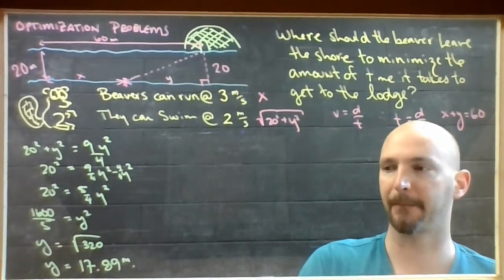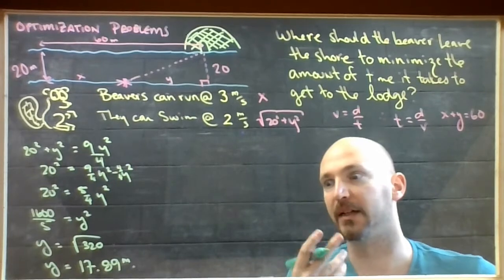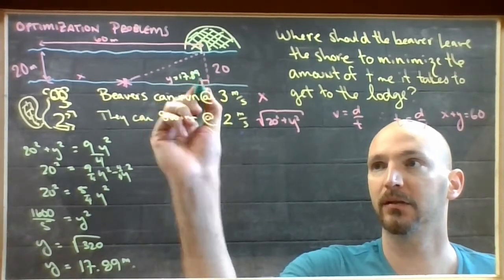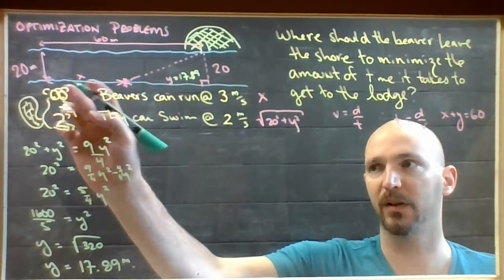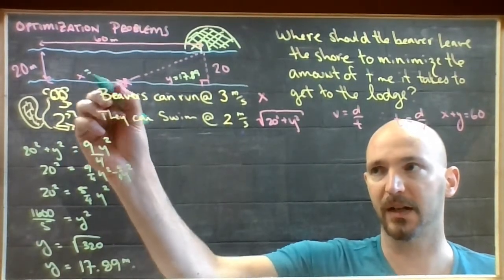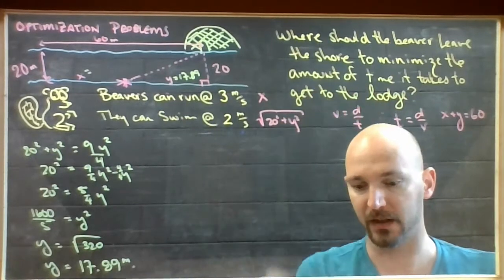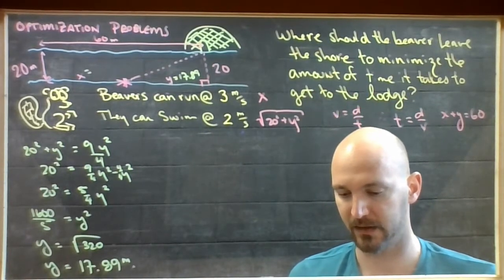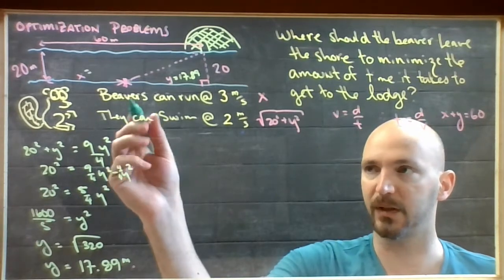Okay. So where is that on my diagram? That's here. So I really want to know when I should leave the shore, so I need my x value. You can get that from over here. That number taken from 60 gives me 42.11.